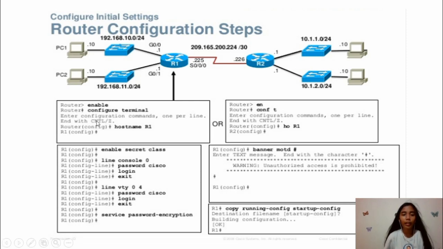Here is the basic router configuration. We first enable, second configure terminal, and after that you will declare a name for the host name. After that we'll put enable secret class, and you'll be using the line console 0 and the line VTY 0 to 4.